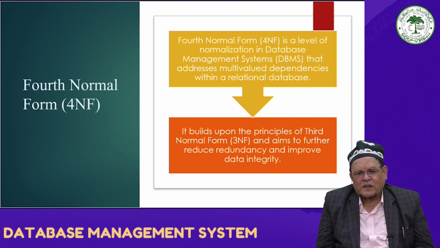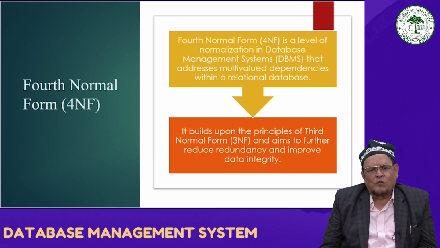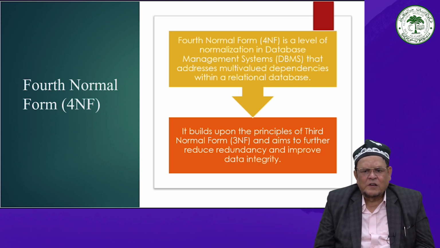Multi-value dependencies occur when the presence of one or more rows in a table implies the existence of other rows with multiple values. Fourth normal form aims to eliminate such dependencies to avoid certain anomalies that can arise during data manipulations. Achieving fourth normal form may require further decomposition of a table to remove multi-value dependencies.